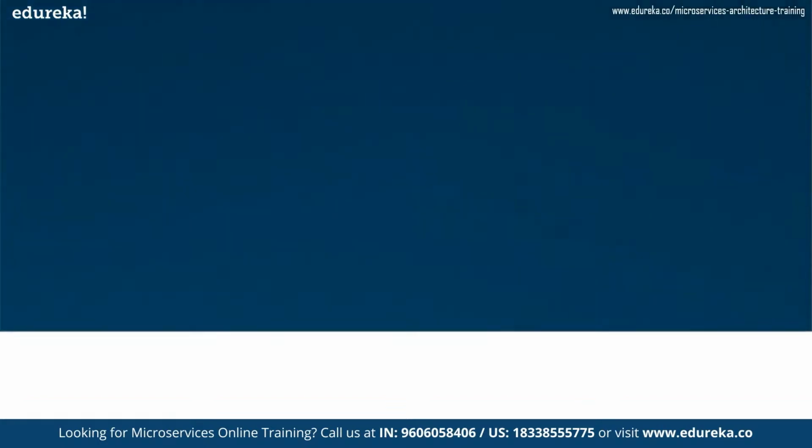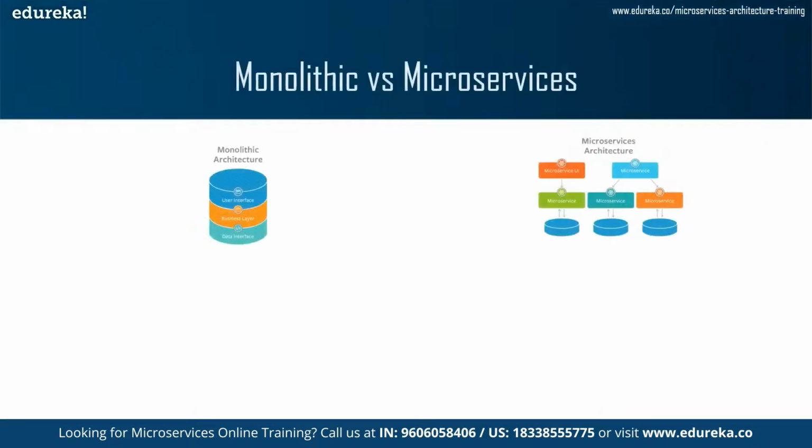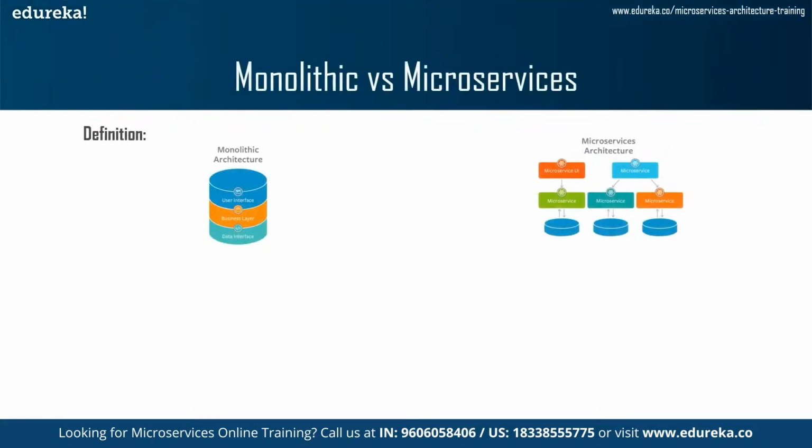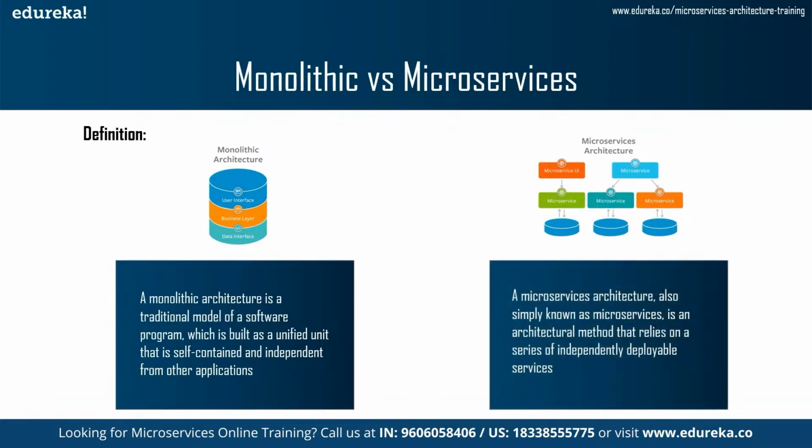Now let's come to our topic for today, that is monolithic versus microservices. So as the first point of comparison, we have the definition. A monolithic architecture is a traditional model of software programs which is built as a unified unit that is self-contained and independent from other applications, whereas a microservices architecture, also simply known as microservices, is an architectural method that relies on a series of independent deployable services.